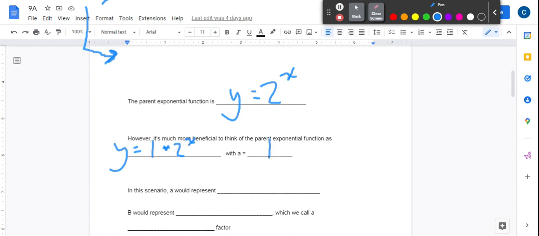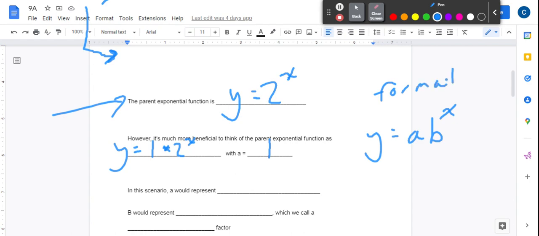So y equals 2 to the x power is really y equals 1 times 2 to the x power, which, if you haven't noticed already, would be our perfect model for the scenario that I put up above for you guys. Because the format for the exponential function is y equals ab to the x power. So that's the format. This is the parent function, y equals 2 to the x power, but this is the format that I want to look at.